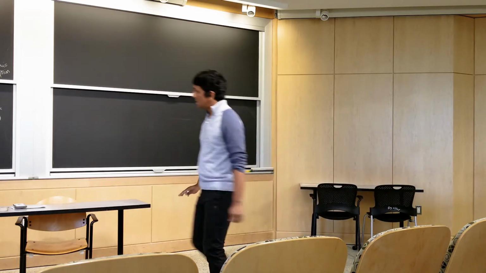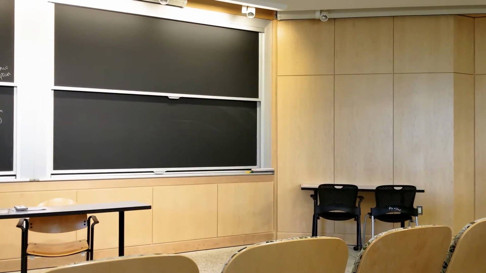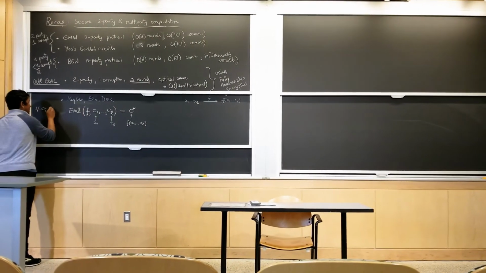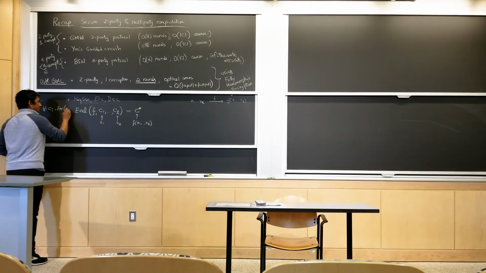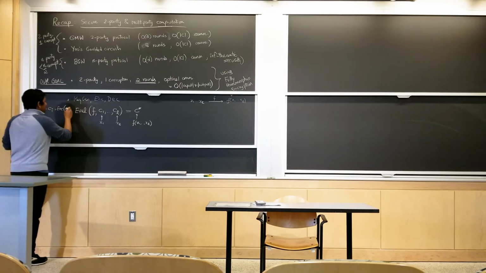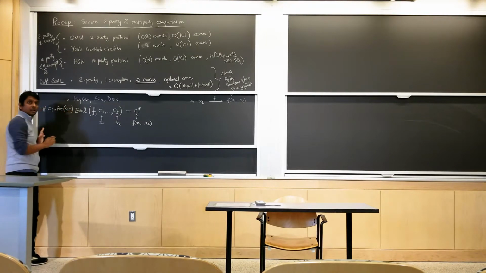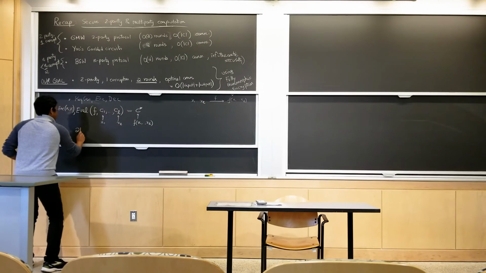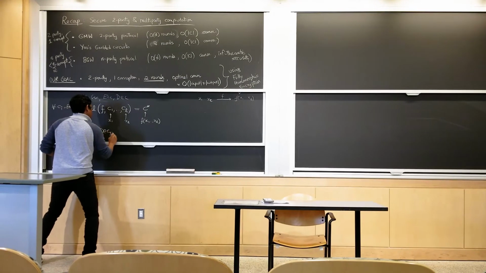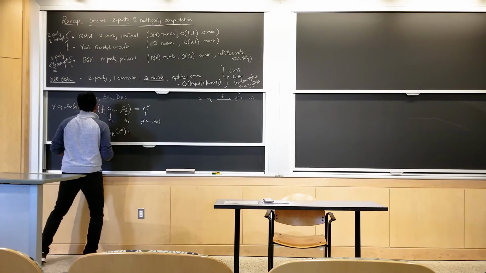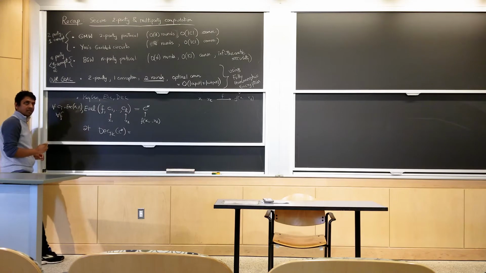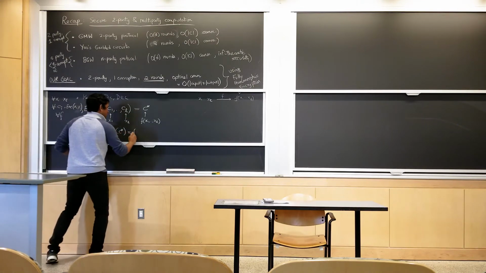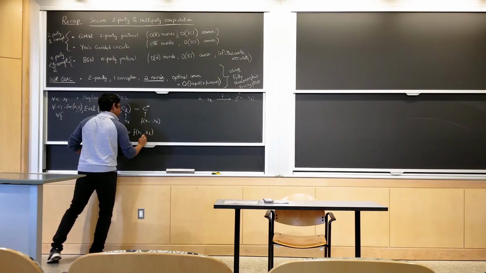So the guarantee is that for every C1 up to CL, which is an encryption of X1 up to XL, with any randomness you want, Eval should produce a C star such that the decryption of C star, for every F and for every X1 to XL, is equal to F of X1 to XL.